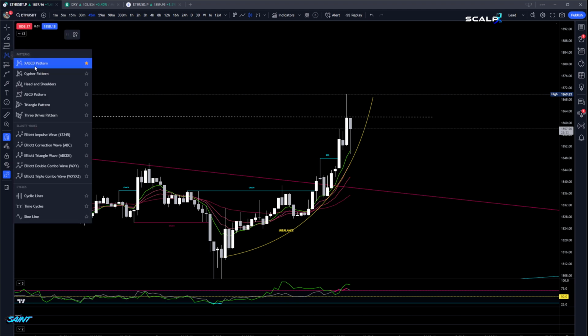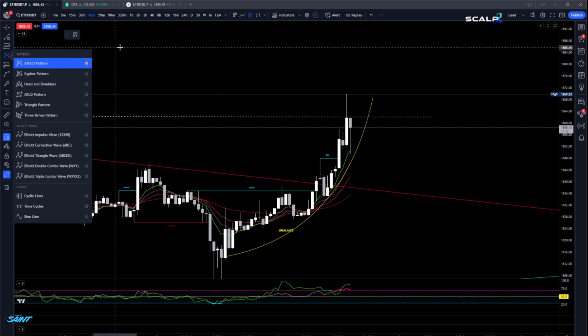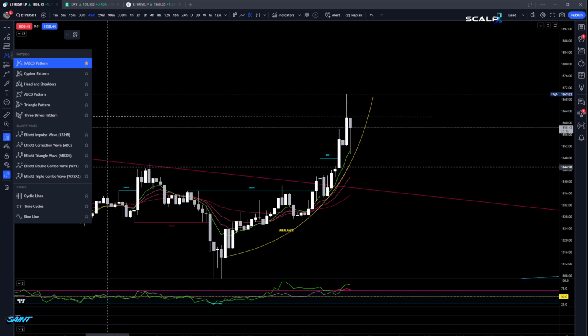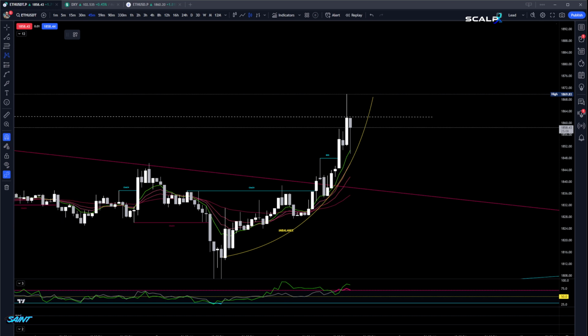You click the little arrow, and then you'll see all the different types of tools you can use for patterns. Head and shoulders is in there, ABCD, triangle pattern, cipher pattern. Cipher is the exact same thing as XABCD, so I just use XABCD. Okay. And then save it to your toolbox.